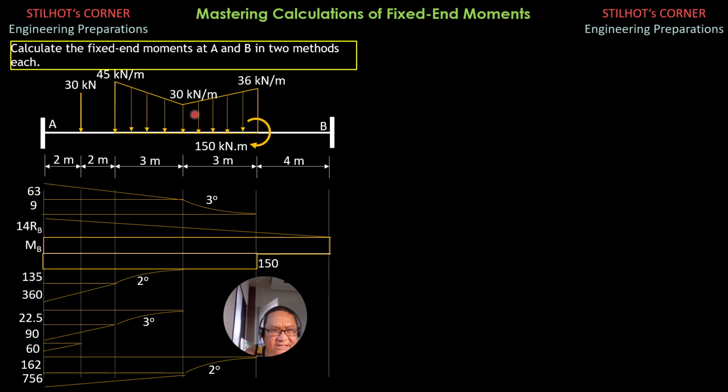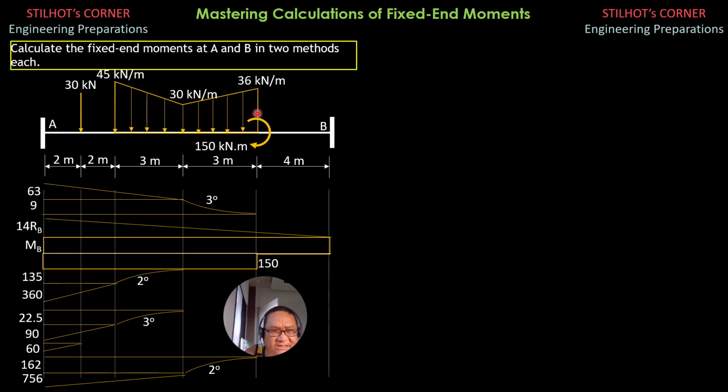Then for this trapezoidal loading, imagine that this is made 36, so we have to fill up another 6 kilonewton triangular load upward, represented by this. I explained first for the 36 kilonewton per meter load. 36 times 3 times 1.5, second degree curve, that's 162.